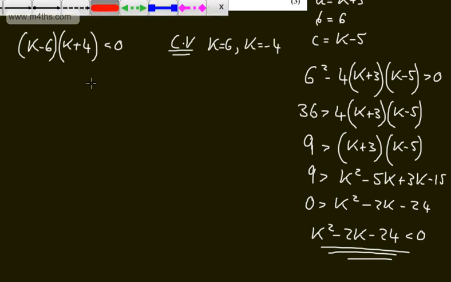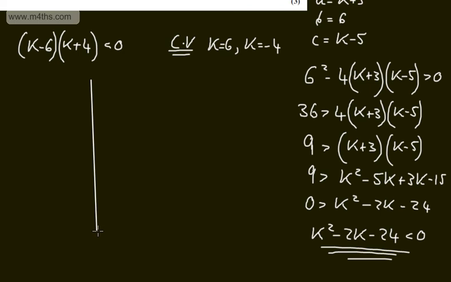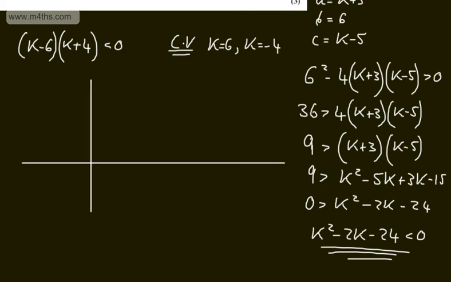We're going to go ahead now and plot these with a simple parabola and consider now the set of possible values. So if we look at the critical values, we've got minus 4 and positive 6. If I sketch the parabola, it looks something like so. We'll come round, we'll come back up and through this point here. We know that this is 0.